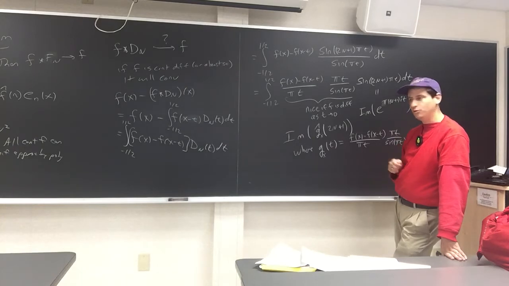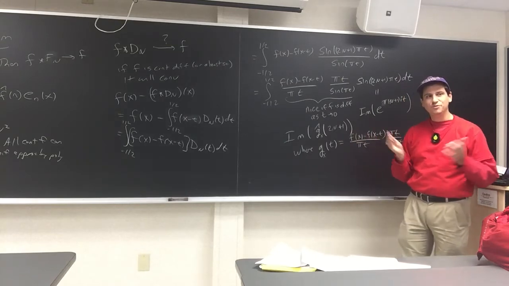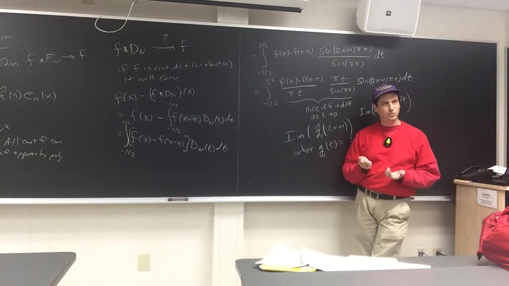What do we know about the Fourier coefficients of a nice function? We have Bessel's inequality, that the sum of the Fourier coefficients squared is less than the L2 norm.